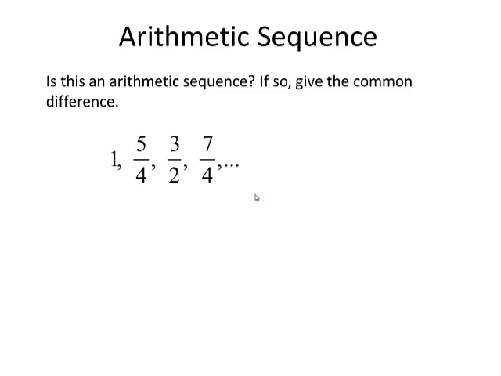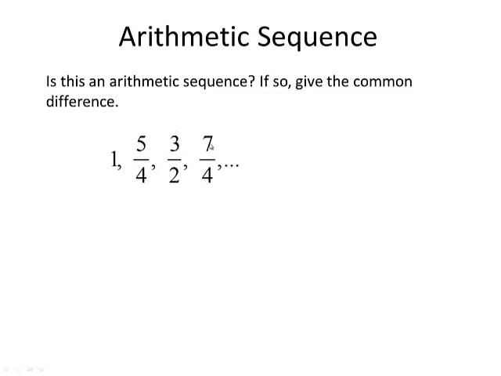But is this an arithmetic sequence? And if it is, what is the common difference? Well, something that will help you do a problem like this is you need to find a common denominator, so you're just matching the numerators. You have to hold something still, right? This has a denominator of 1, this is 4, 2, 4, it's jumping all over the place.